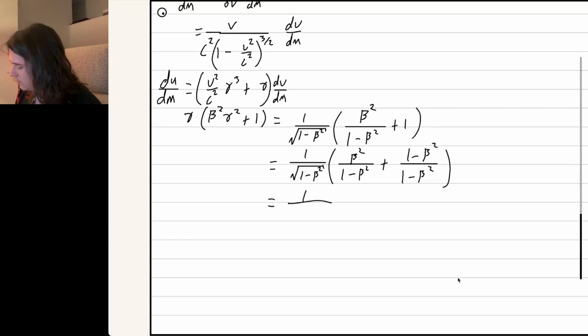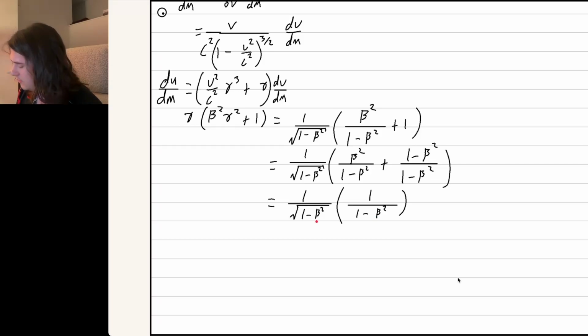So we'll have 1 over root 1 minus beta squared times 1 over 1 minus beta squared. That's gamma squared, that's gamma. So this is going to be gamma to the third. It's pretty ridiculous, if I'm honest, but it works.